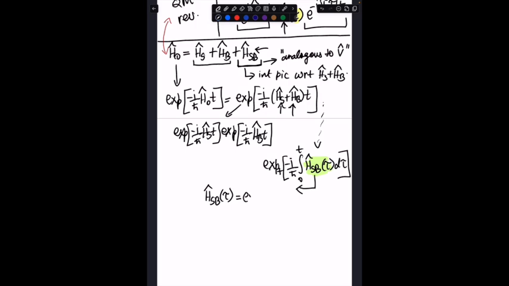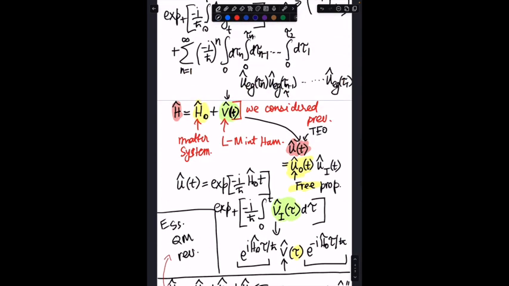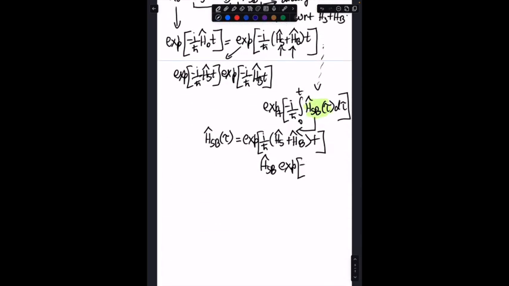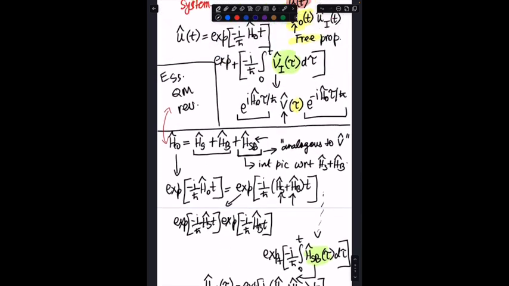So you have exponential i upon h bar Hs plus Hb t, and then you have Hsb, which does not have any other time dependence, as contrary to the previous case where the perturbation itself depended on time in the Schrodinger picture. Right, so this is your entire case for your time propagator.